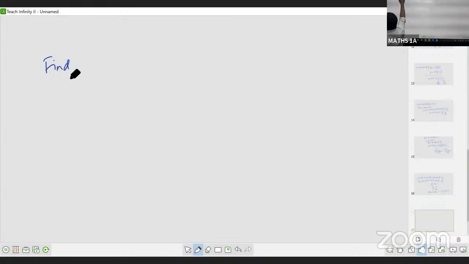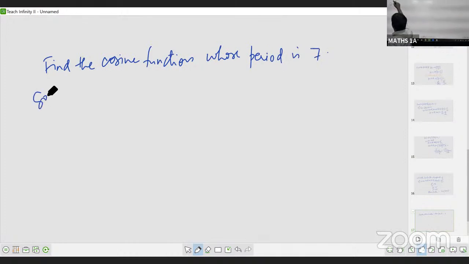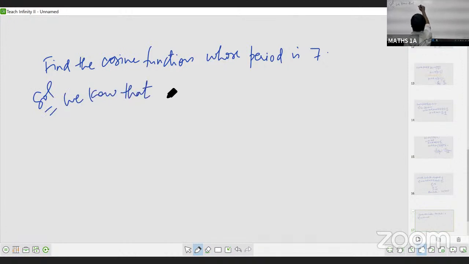Let's find the cosine function. Find the cosine function whose period is 7. Now we know that the period of cos is 2 pi by mod a.